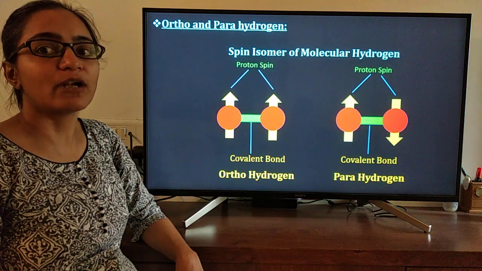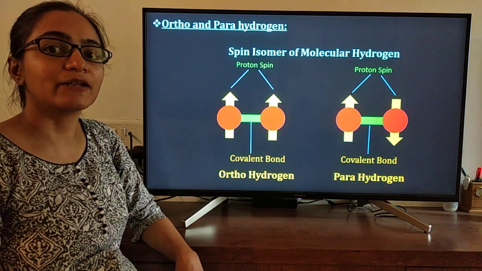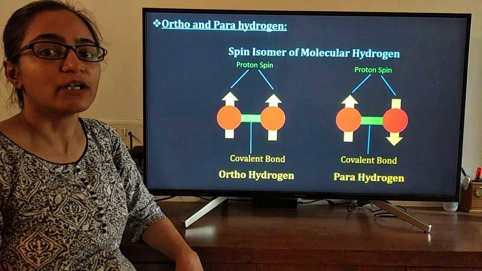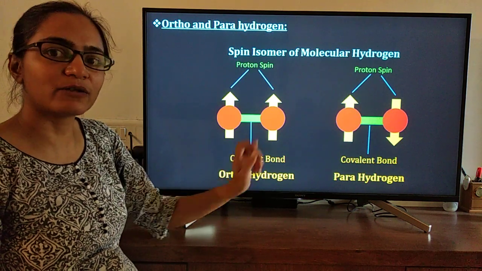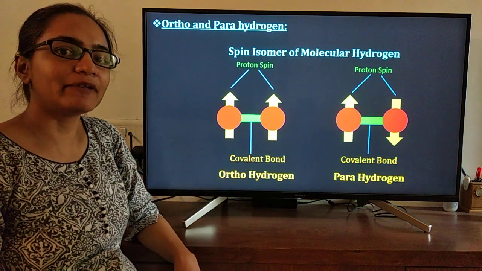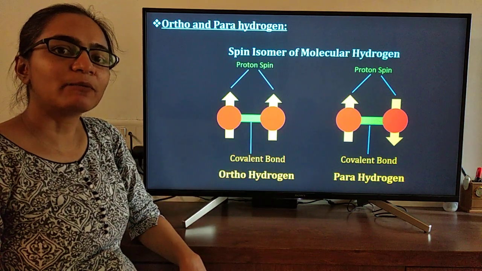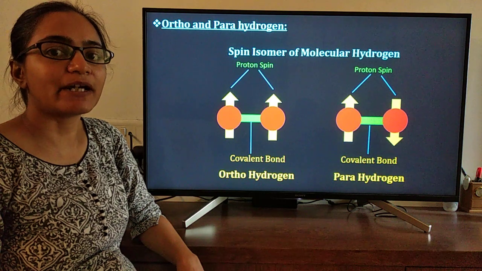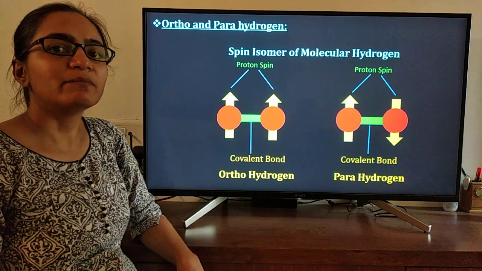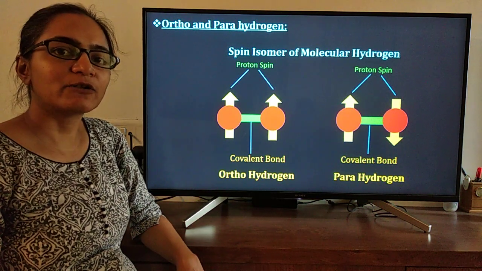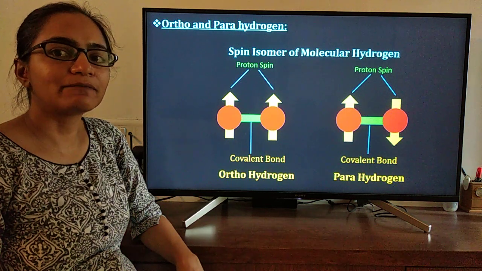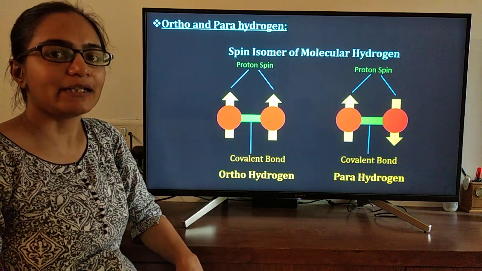Each hydrogen molecule H2 consists of two hydrogen atoms linked with a covalent bond. If we neglect the small proportion of deuterium and tritium which may be present, each hydrogen atom consists of one proton and one electron.